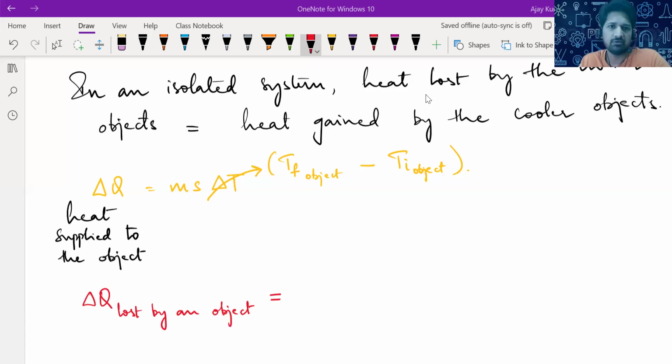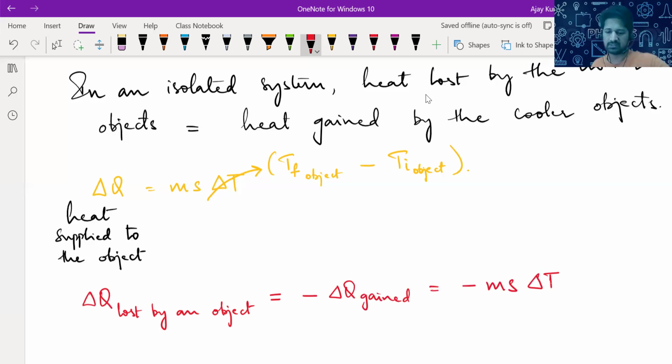Heat lost is just the negative of heat gained. That's all. Okay. So heat lost by an object is the negative of heat gained by the object. So it becomes minus m s delta T. That is how you are supposed to write heat lost.